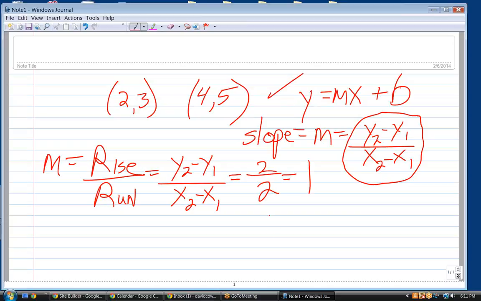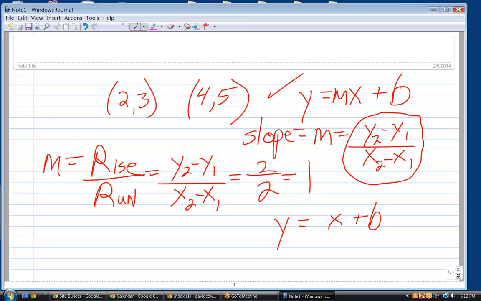Well, I know my slope, so I know this much of the equation. I don't need to write the 1, I just wrote it for effect. I know this much, but I don't know what b is. Well, how can I solve for b? If I take one of my points, either one, and stick it in for x and y, I'm going to be able to solve for b.